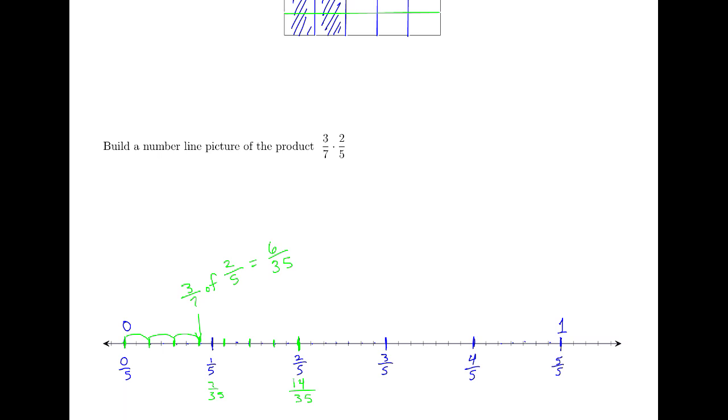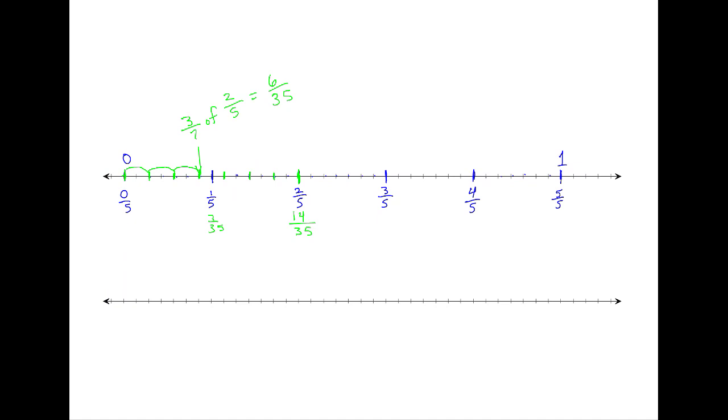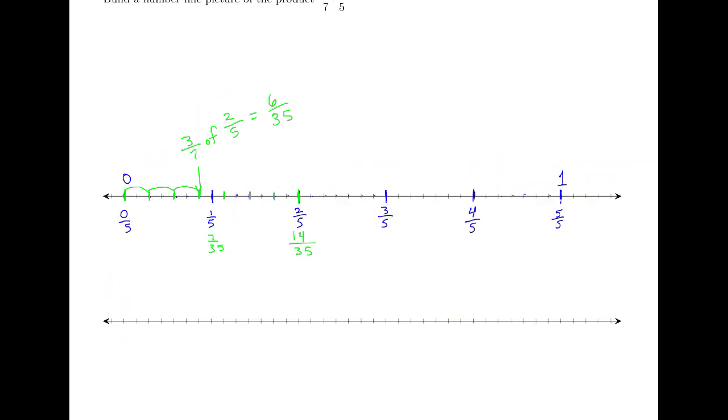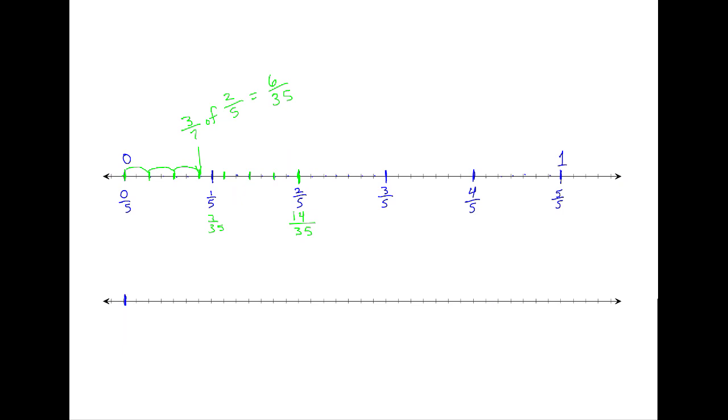Okay, and I gave myself room to do it the other way if I want to go 2/5 of 3/7. So here's 0, and my 1 is going to be in exactly the same spot. I want those 0 and 1. And if I want to cut this into 7ths, then I'm going to go every 5. 1, 2, 3, 4, 5: 1/7.